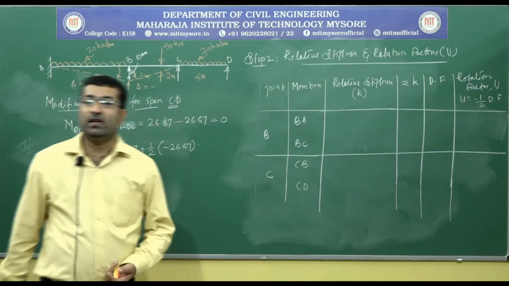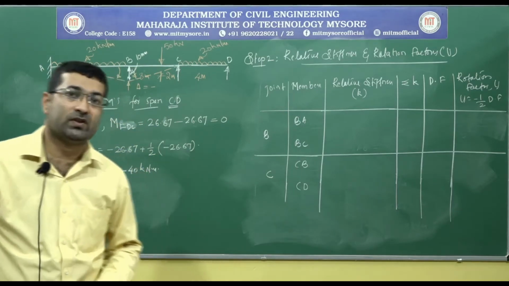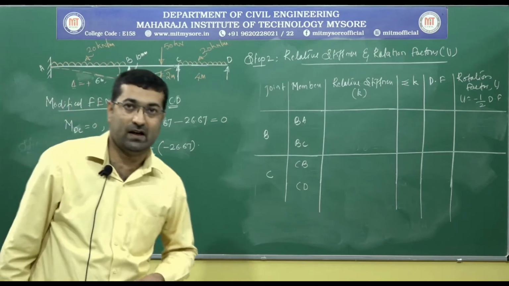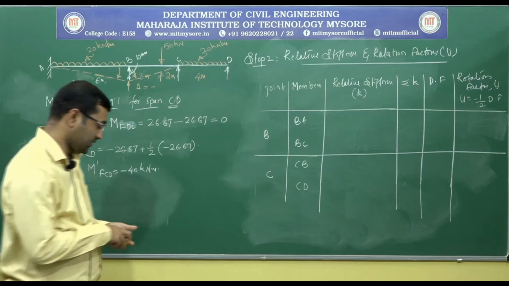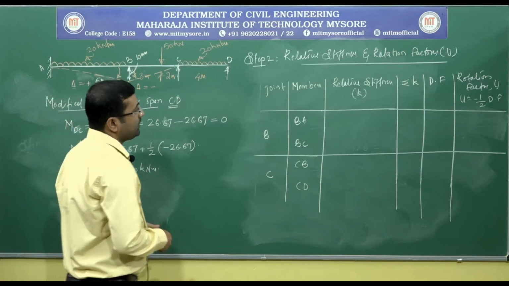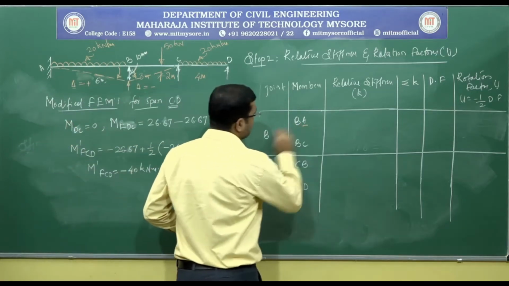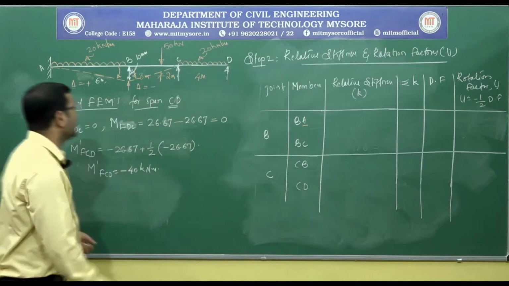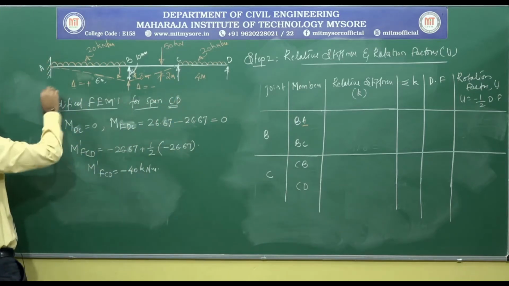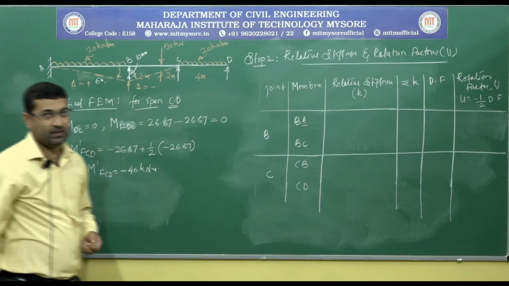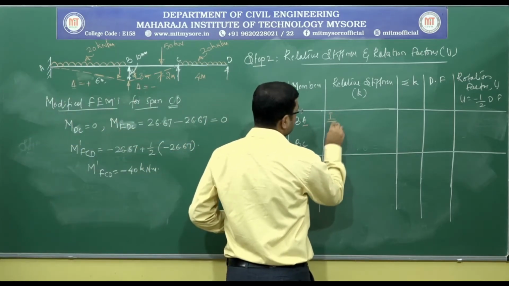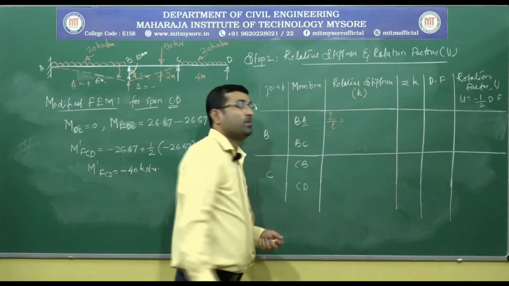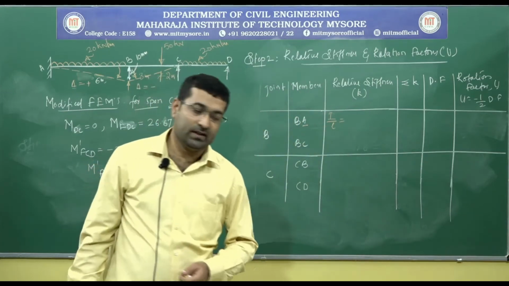Now, for each member, we need to calculate the relative stiffness value depending upon the far end condition, right. So now see, for member BA, A is the far end and it is fixed in nature. So the relative stiffness is I by L, right.